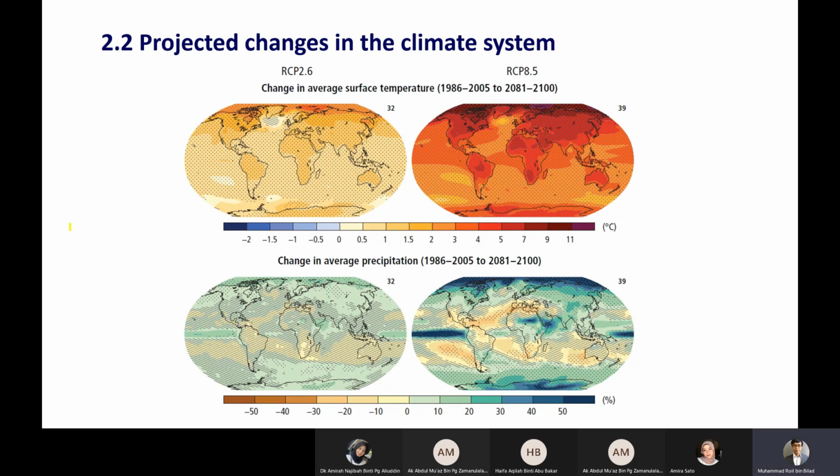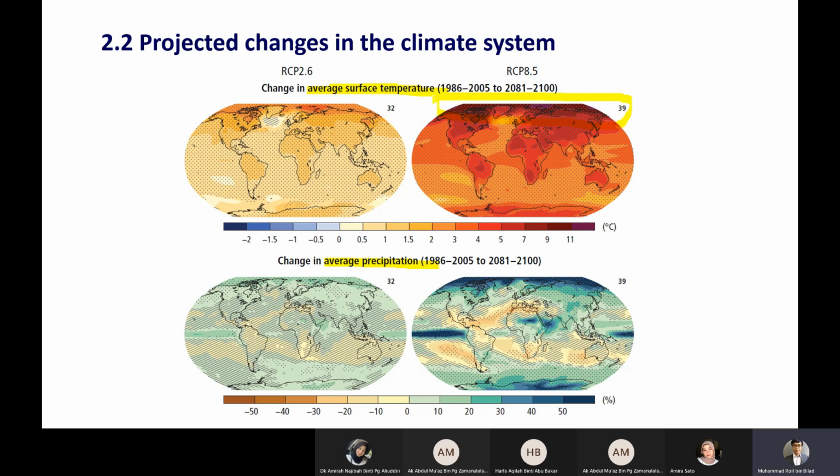So if you look into the climate, this is the projection on the change in average surface temperature, and the one below is on the average precipitation. As you see, the temperature increment goes highest in some northern parts. I don't know why.